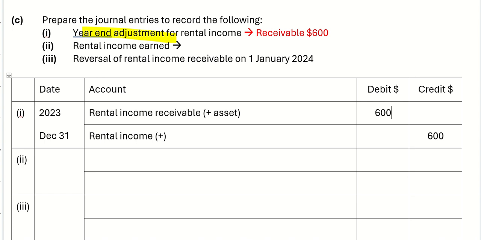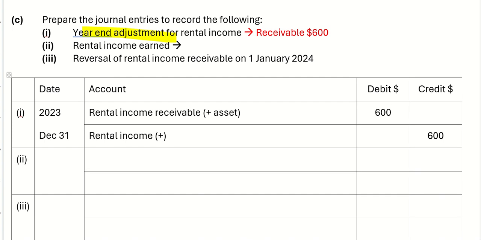rental income that you earn. When you want to record the rental income that you earn, what is one of the accounts? What do we refer to this type of account as? What is one of the accounts affected? Of course, and what's the other account? No. Whenever you refer to this word earn, we are always referring to income summary.